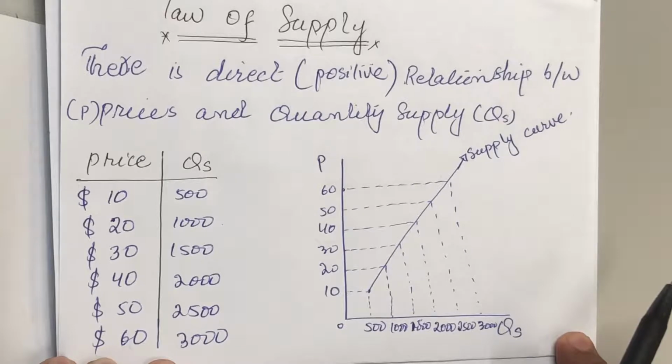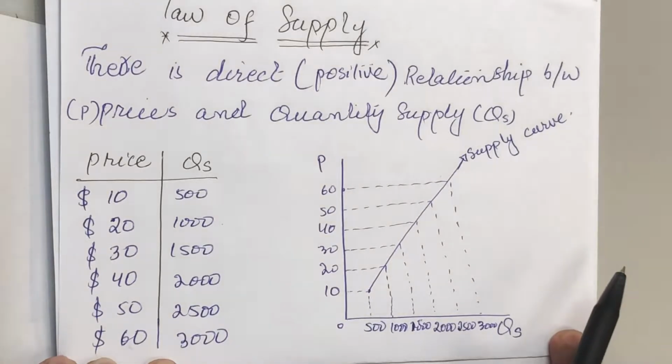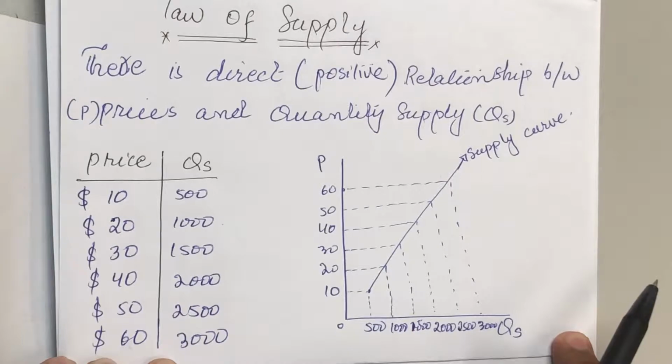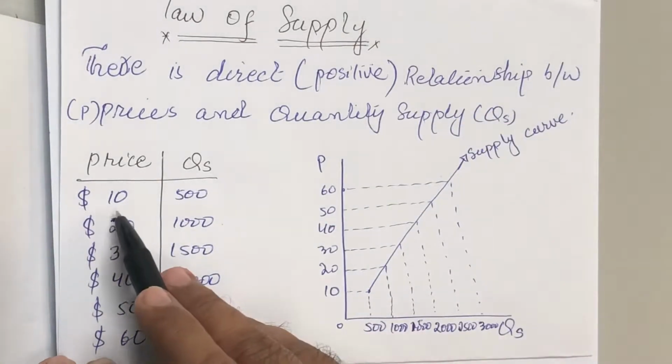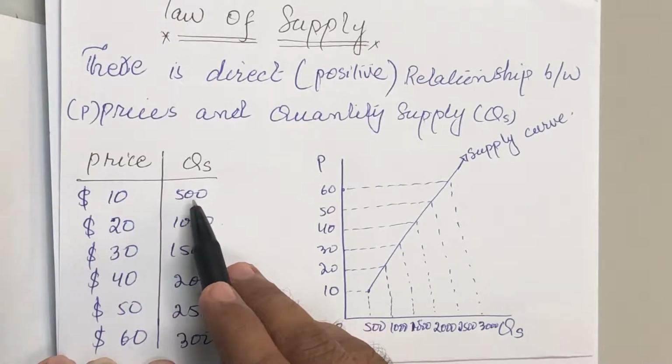So what is the law of supply? The law of supply is a law which shows the direct positive relationship between price and quantity supplied. For example, if we have a price of $10, the producer will sell 500 quantity supplied.